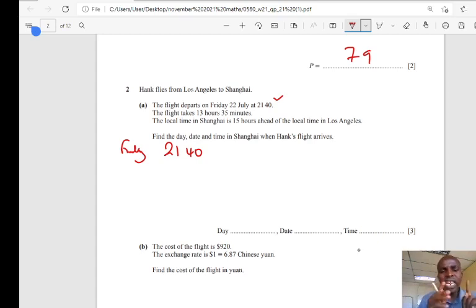So under normal conditions, we have to find first the time that it arrived in Shanghai from Los Angeles. Right, let's see. So you're supposed to add 13 hours 35 minutes to this. If you add, it will be 5, then 7, 4, and 3. So it's 34 hours 75 minutes, right?